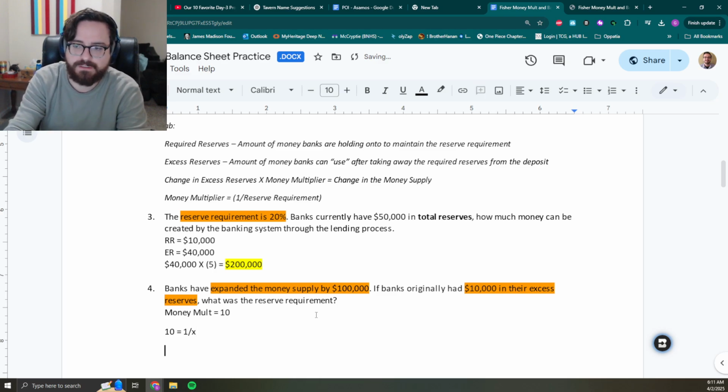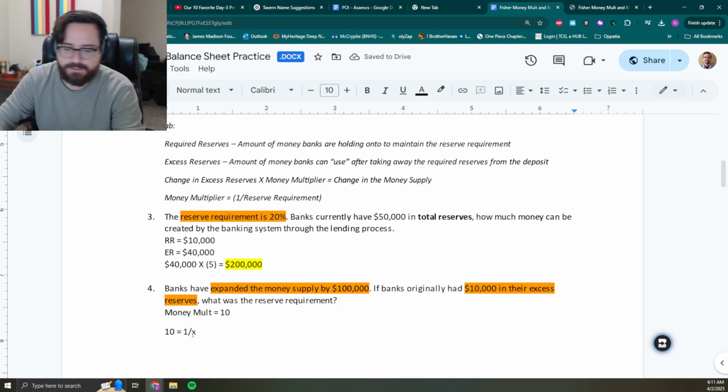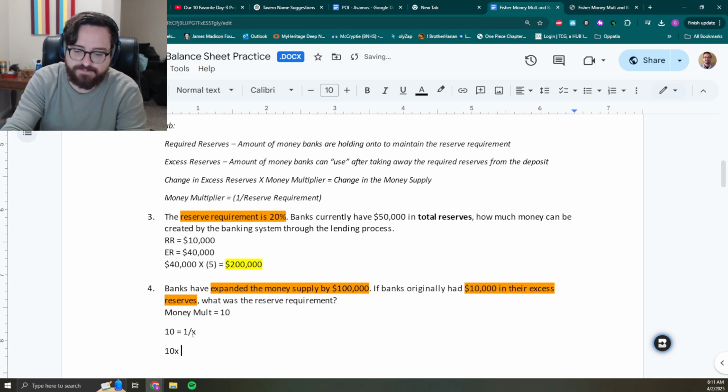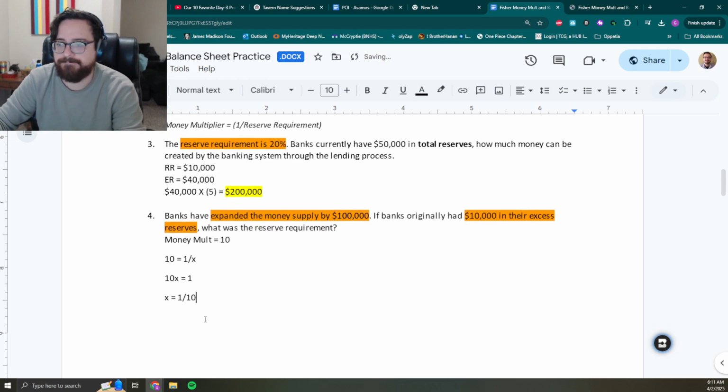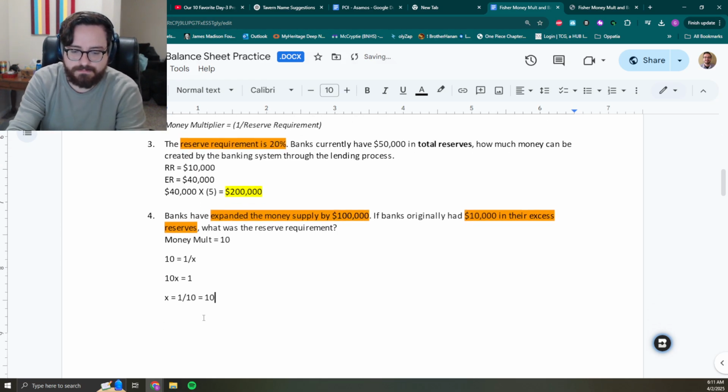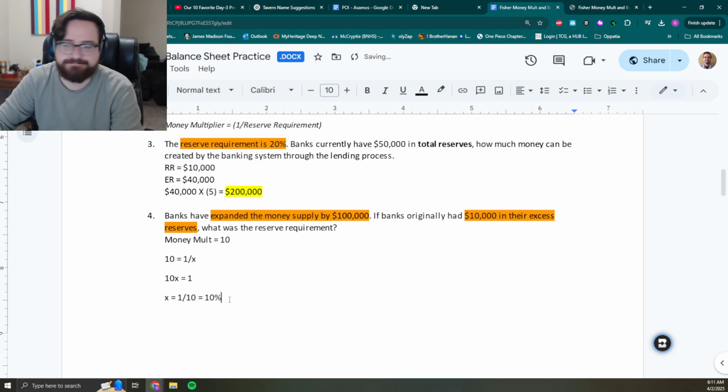If you solve that, you multiply both sides by x if you want to do actual algebra, and then divide both sides by 10. It's 10%. Algebra is how you would technically do this, although this one's a little more straightforward because the multiplier and the reserve requirement are the same number. Because if you do 1 over 0.1, you do get 10. 1 over 0.2 is not 20.